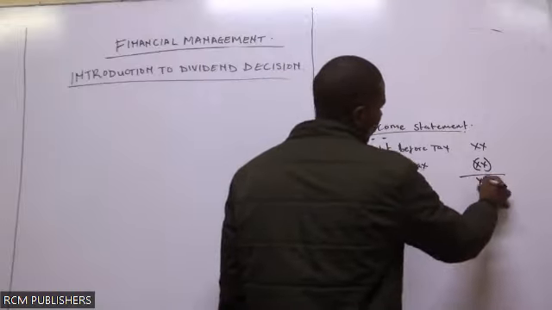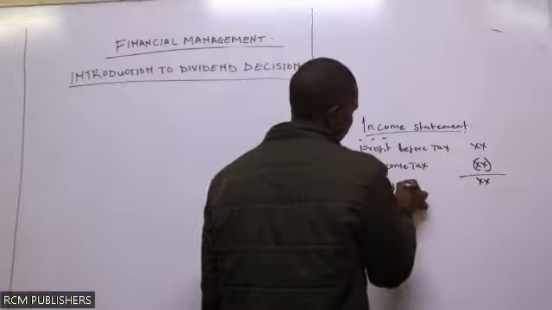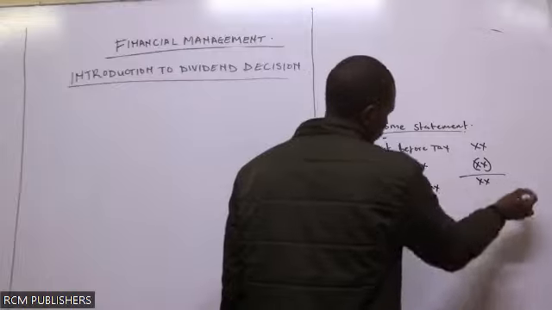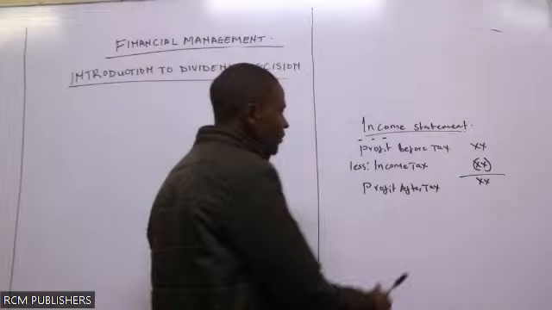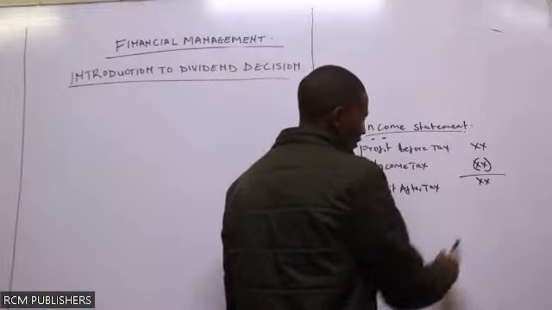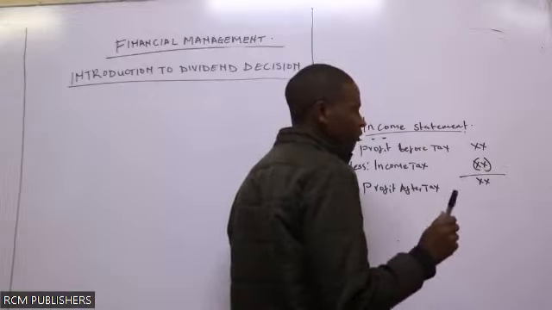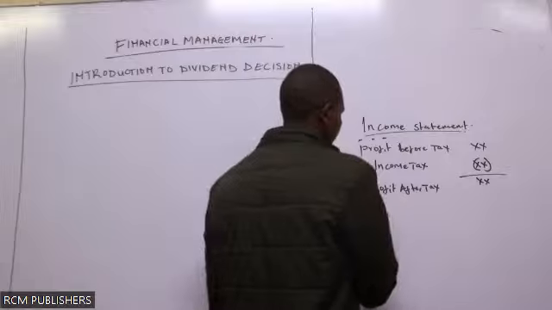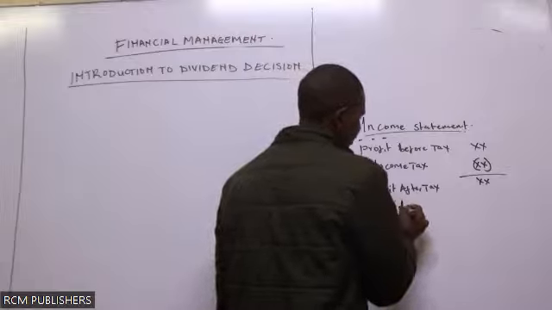Whatever we get here is profit after tax. From profit after tax is where dividend comes in. Less dividend, so the company pays out dividend now.